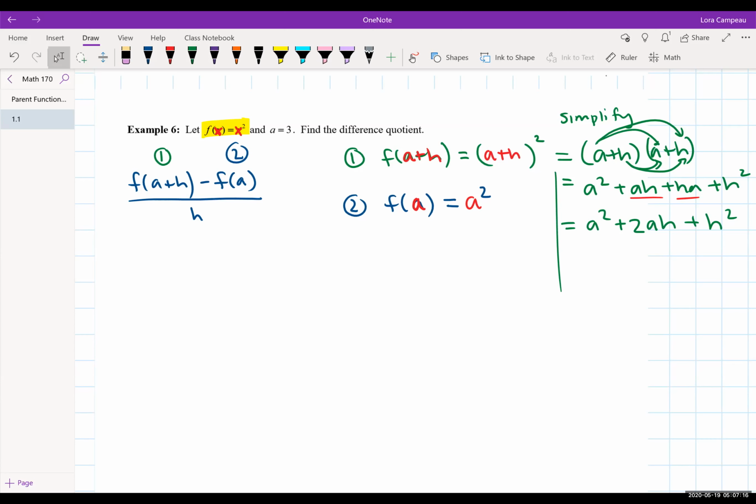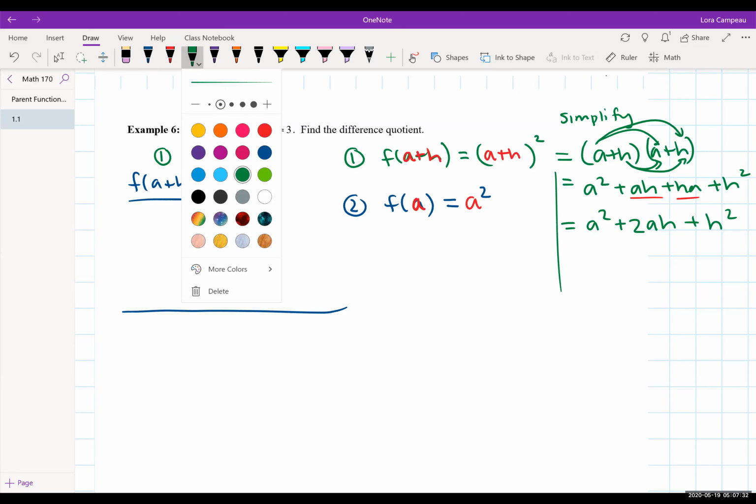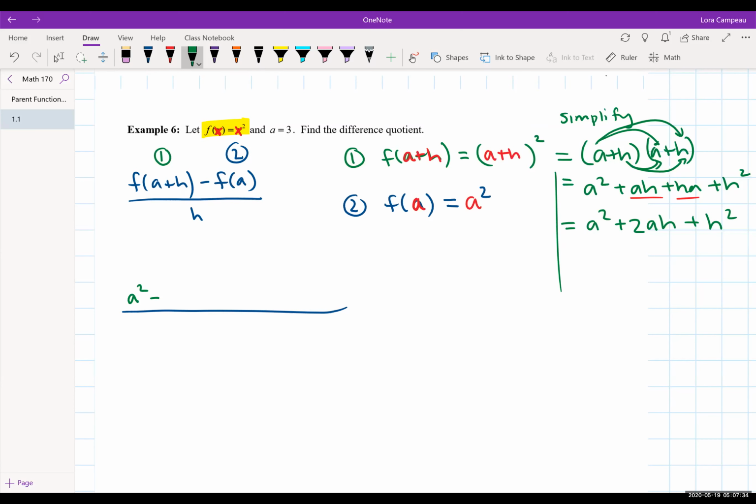So f of a plus h, if I'm going to plug that in, let's make that a little nicer. Okay, so f of a plus h is going to leave us with a squared plus 2ah plus h squared. We're going to subtract off the f of a.